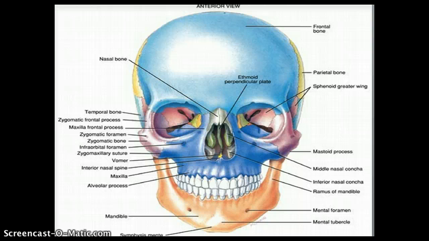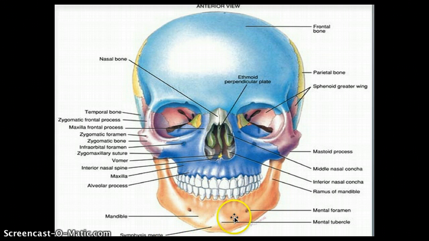Okay, so here's another view that you can see. It's an anterior view. And you can see the nasal bone here. The zygomatic bone. Do you see the cheekbone here? You can see the vomer bone is pointing to in here. The maxillae, this is the upper jaw here.